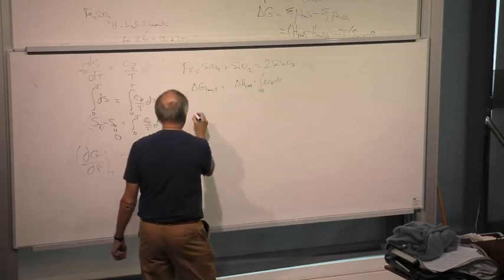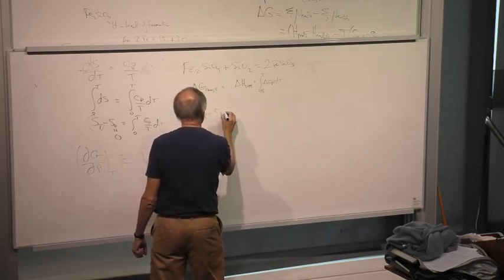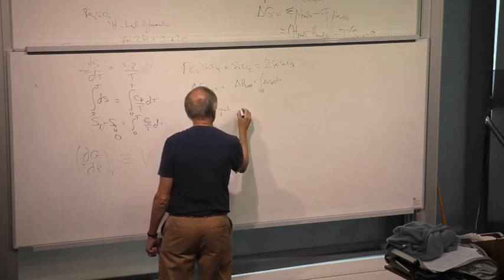So delta Cp is the difference in the heat capacities of the products minus the Cp's of the reactants.